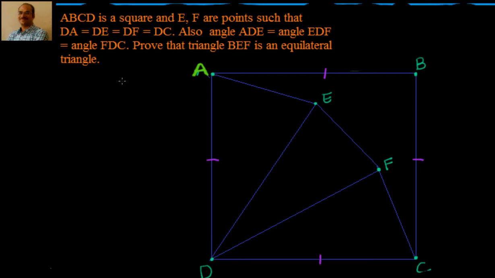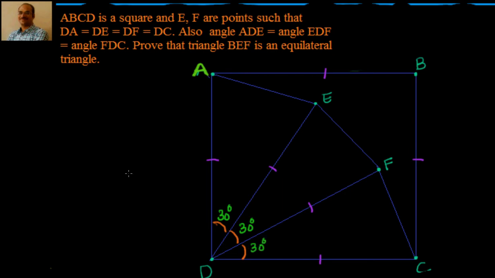Not only that, DA equals DE equals DF equals DC, and angle ADE equals angle EDF equals angle FDC. That means these three angles are equal. We know that angle at D is 90 degrees, so each of them is 30 degrees.